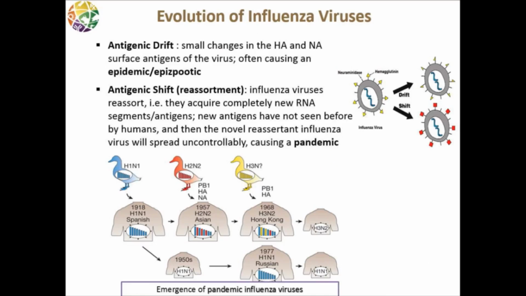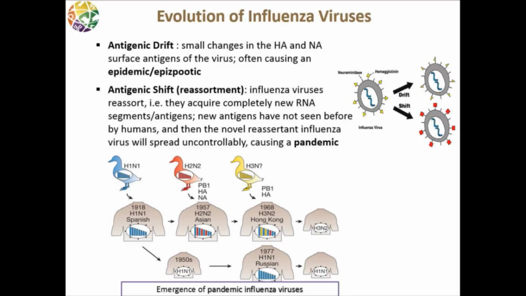Influenza virus evolves through 2 major mechanisms, which probably everybody knows, but I'll briefly repeat. One is antigenic drift, where point mutations accumulate during virus replication, and this gradually changes the phenotype and antigenic properties of the virus.